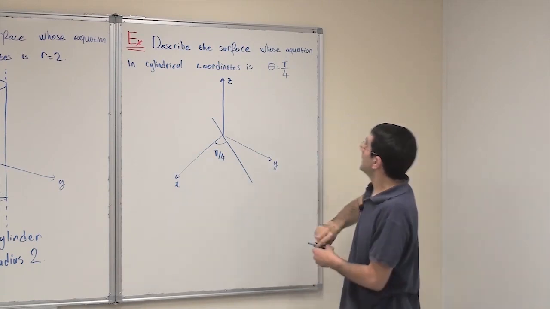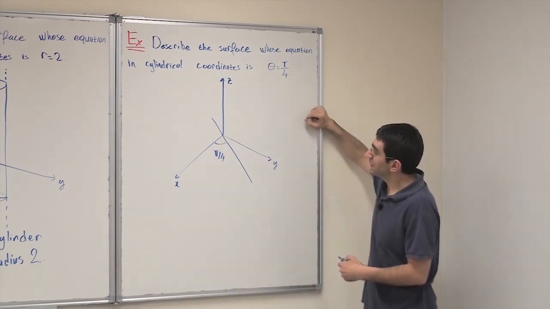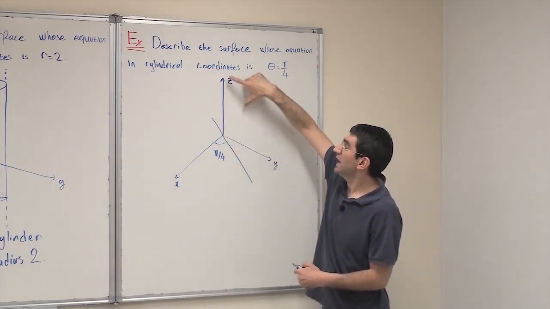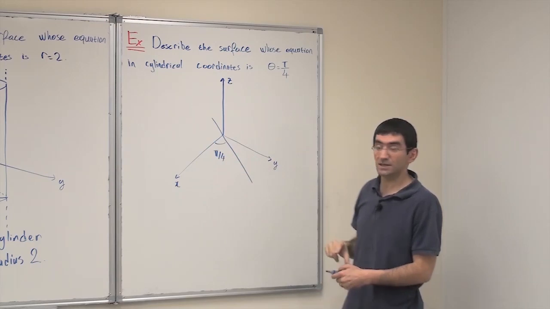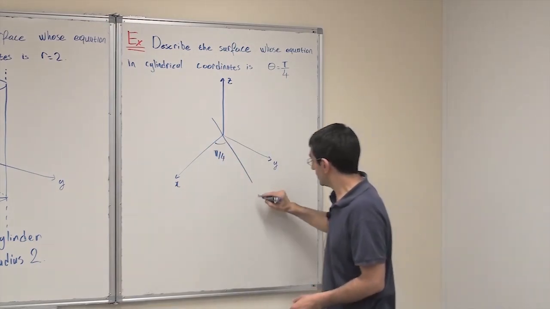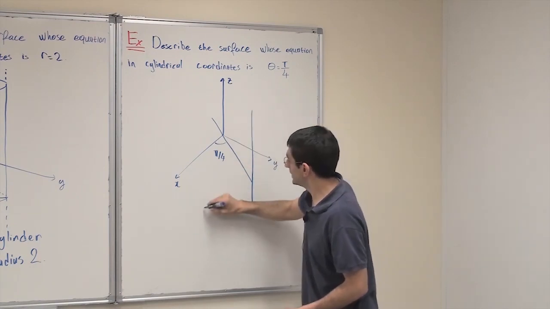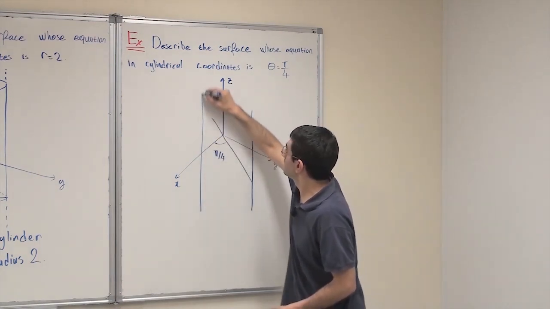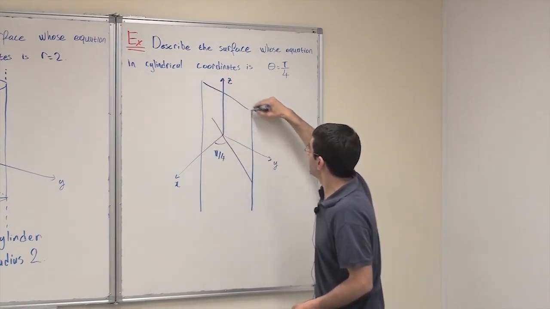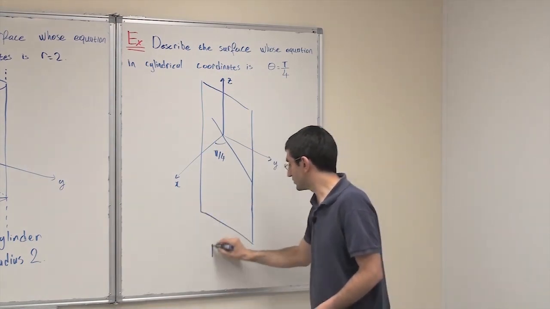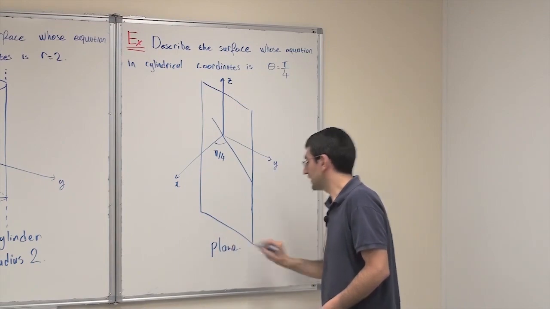And then z is a free variable, which means that we can have this line along any level on the z-axis. So this equation is going to represent a plane.